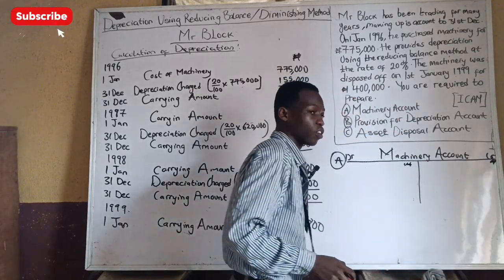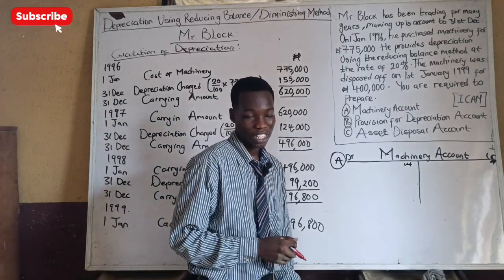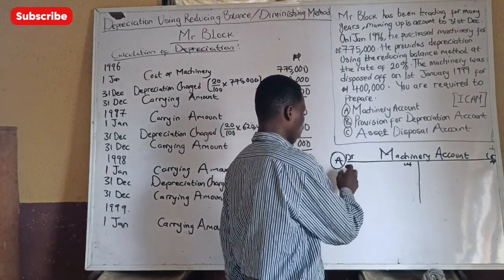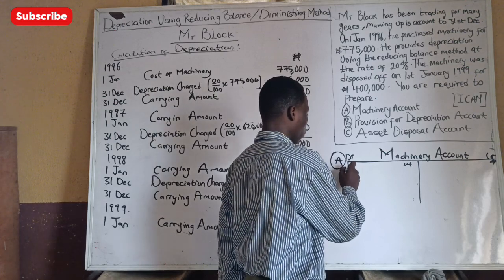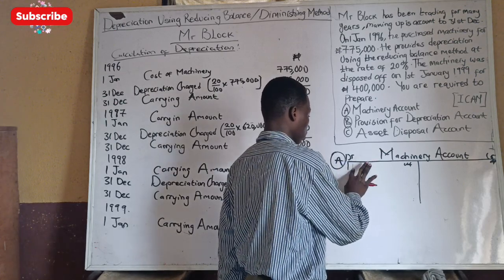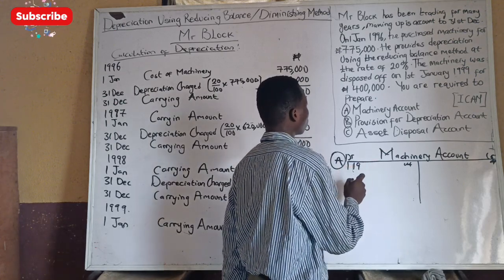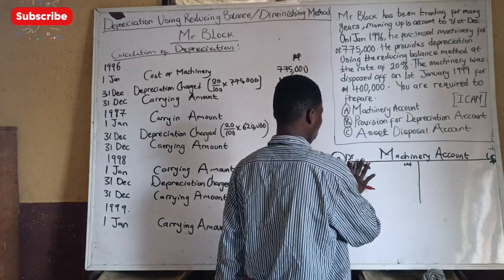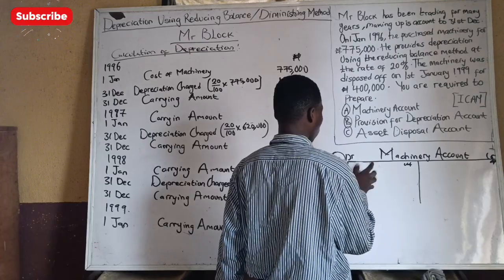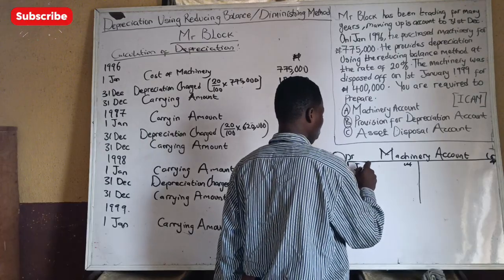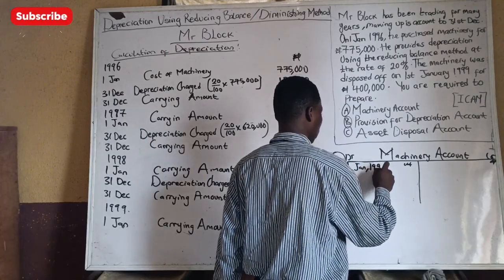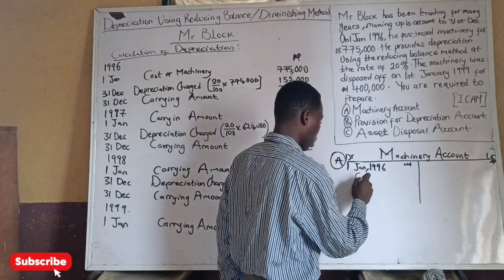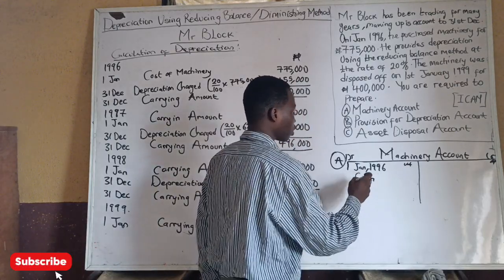And don't forget, an asset has a debit balance. So we'll move to the debit side. Then the value of the machine on 1st January 1996.